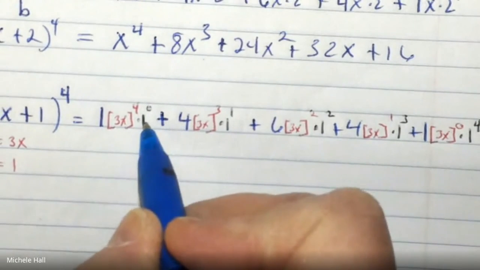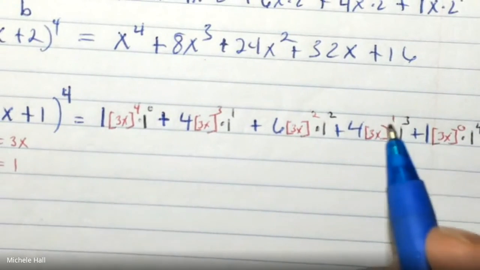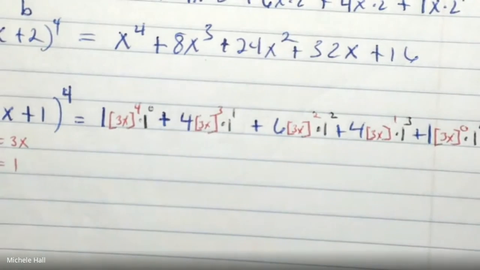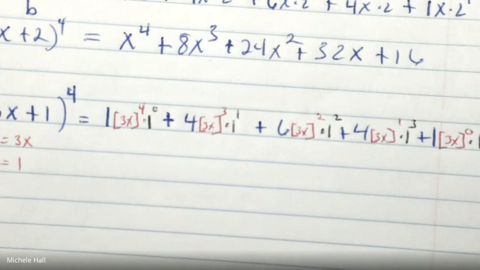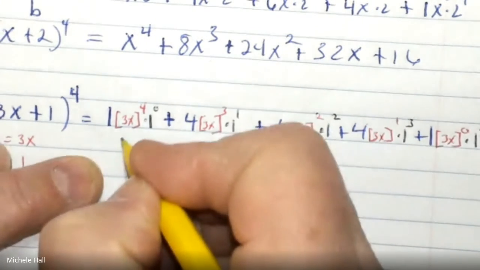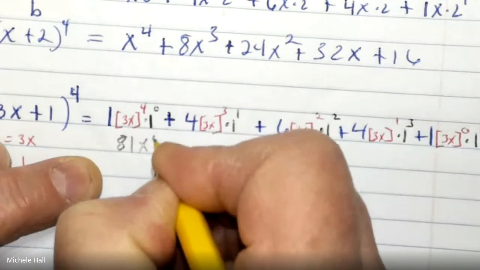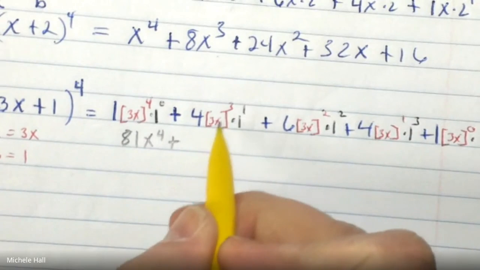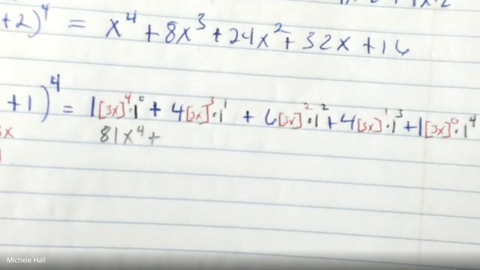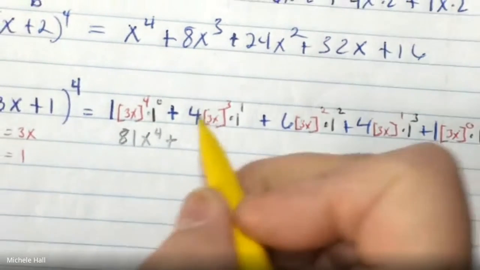1 to the 0 is 1, times 1 is 1, so I don't need to worry about that, but 3x to the 4th. What is 3x to the 4th? Three times 3 is 9. 9 times 9 is 81. Don't forget to do 3 to the 4th power. 81x to the 4th plus 3 cubed is 27, and 27 times 4 is 108.